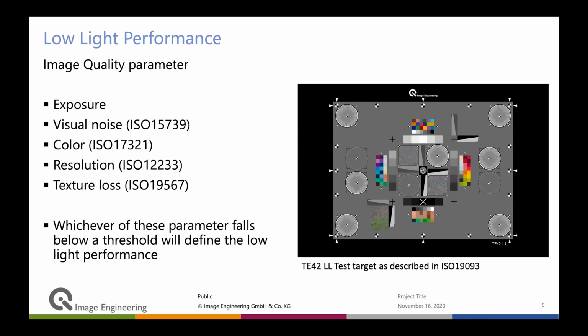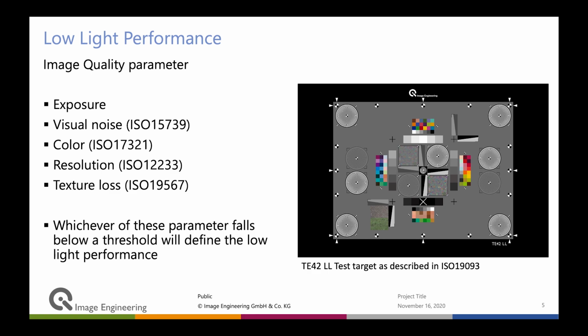As I already mentioned, what are the aspects that are part of the standard that define the image quality? At first we have exposure. If a device or an image is severely underexposed, it's too dark, so it would be considered not acceptable. That is checked simply on gray patches in the test target.